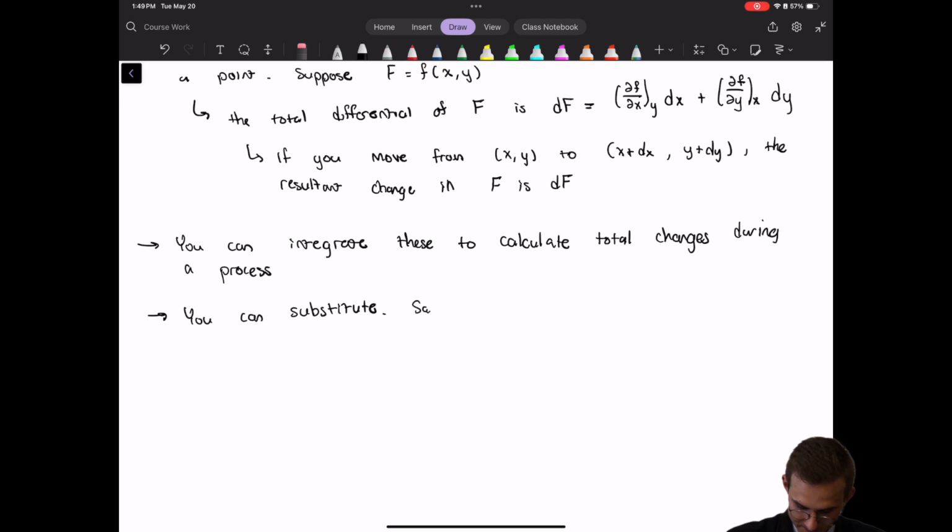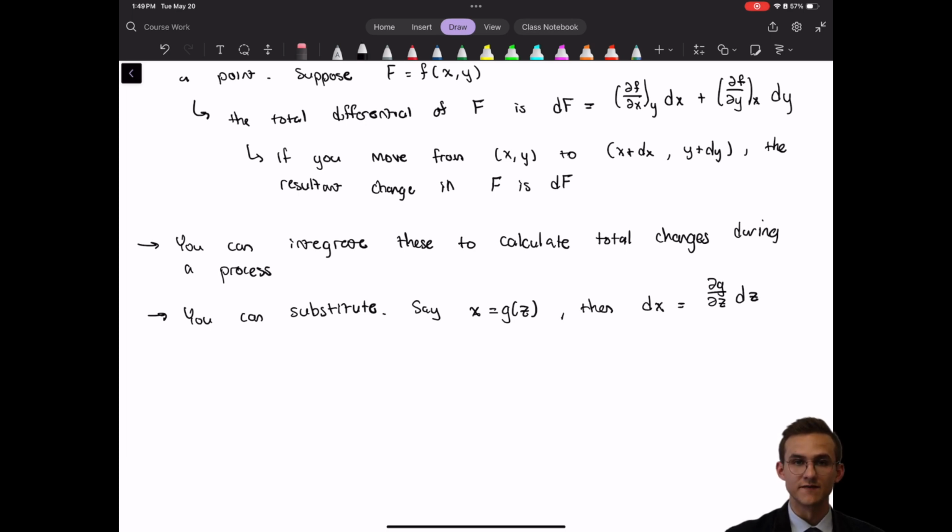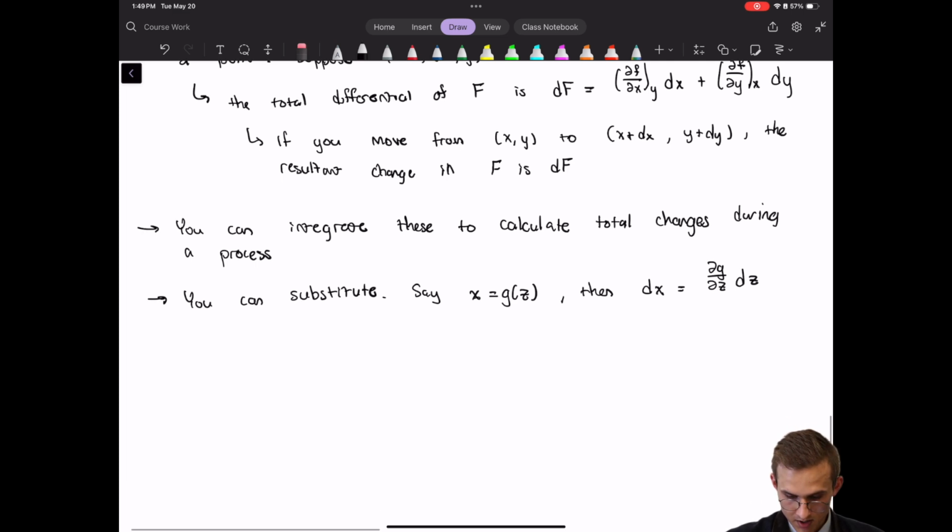So like, let's say that x itself is a function of z. Then the total differential of x is equal to dg/dz dz, and I don't have to do parentheses around it because g is not a function of any other variable.